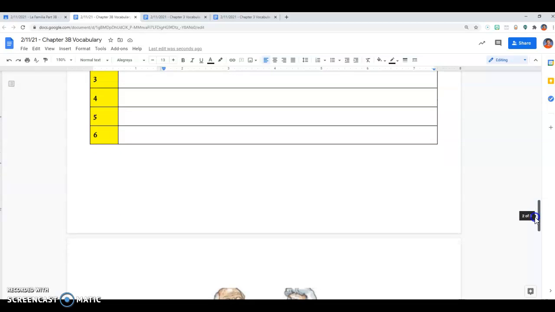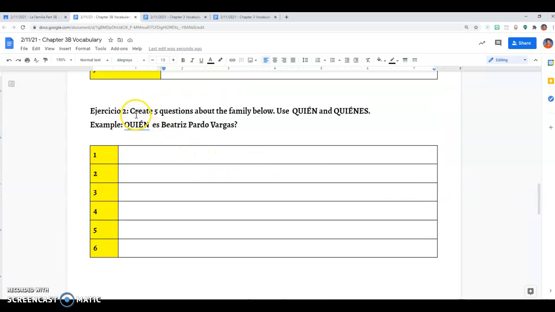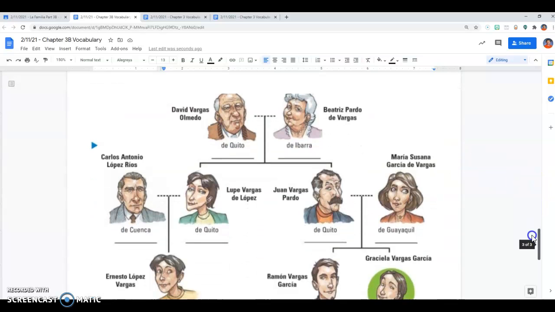Now let's take a look at the next exercise. For the next exercise, you are going to create 5 questions about the family below. Use quién and quiénes. So, for example, ¿quién es Beatriz Pardo Vargas? Okay, so that's Beatriz, right?